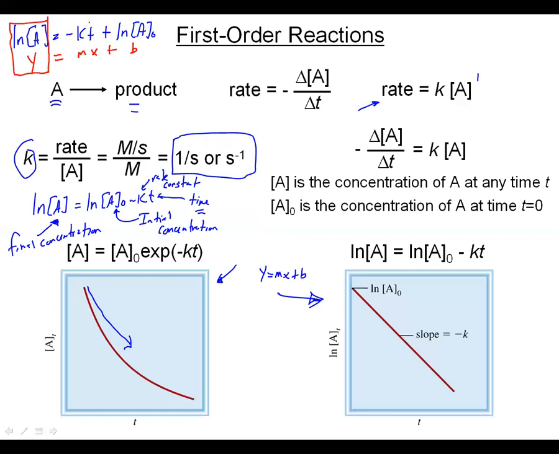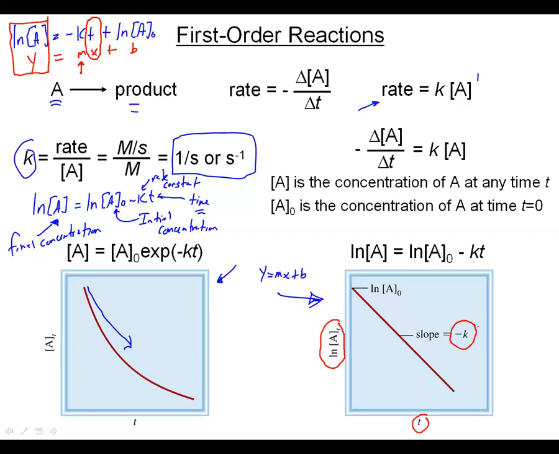Again, that's what the little t stands for, although it looks like a plus sign next to it, but we'll make sure it is the t. And that's what we see graphed over here on the x-axis. From this equation, the slope of that line equals minus k.